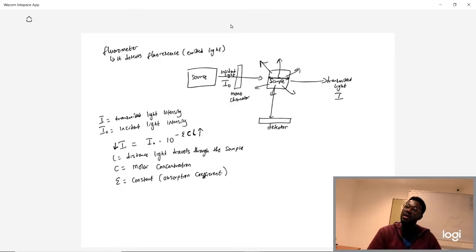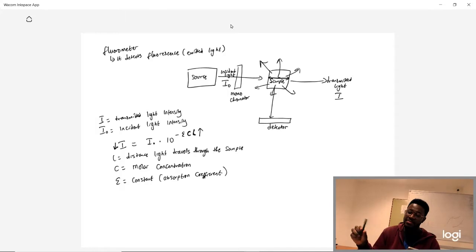Why? Because when the sample is concentrated, it's more colored. There will be more molecules to absorb. Yes, exactly. If your length increases, there'll be more distance for light to pass, and more molecules to absorb.